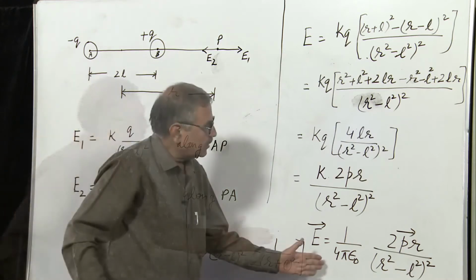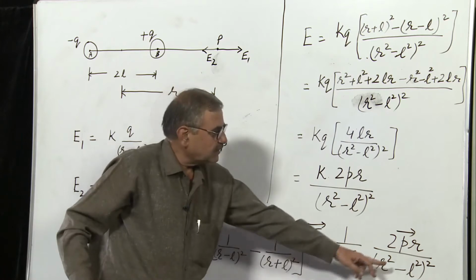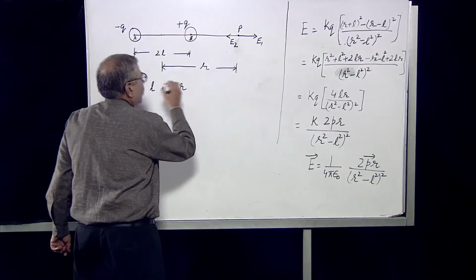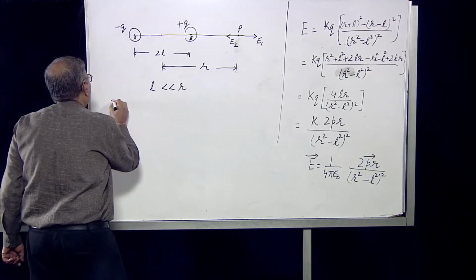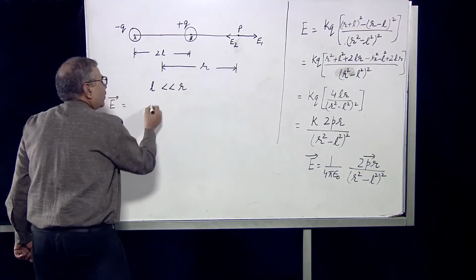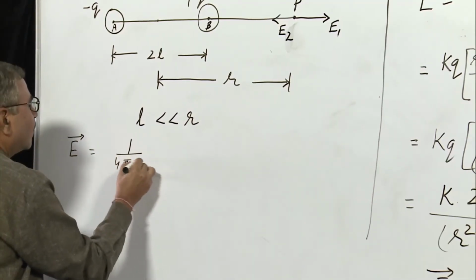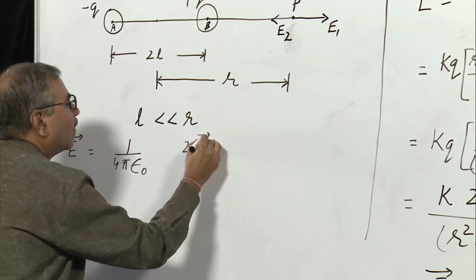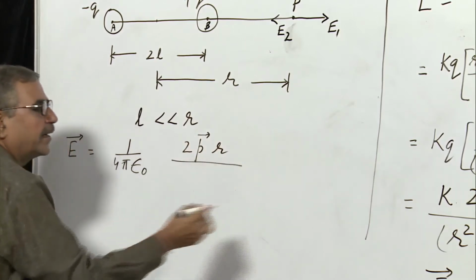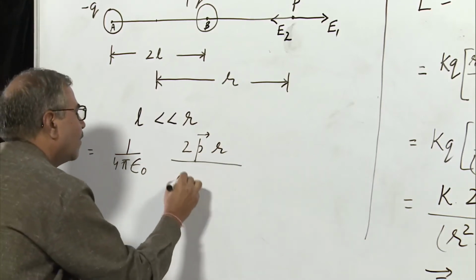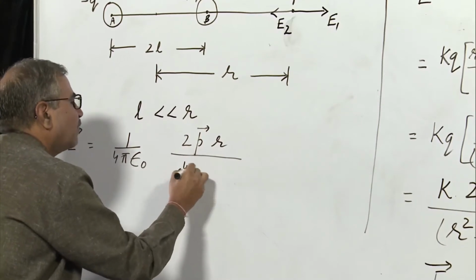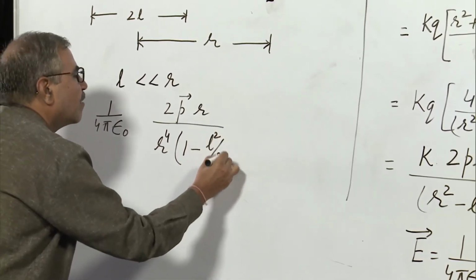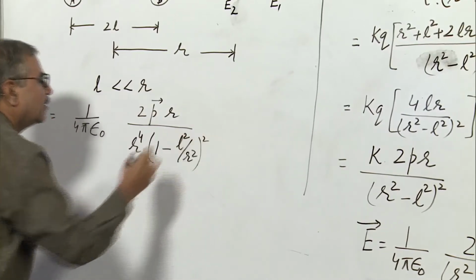So now let us find the electric field in the special case when L is very small as compared to R. In that situation, E will be equal to 1 upon 4 pi epsilon naught 2PR, dividing and multiplying by R², so it will be R to the power 4 times (1 − L²/R²) whole square.